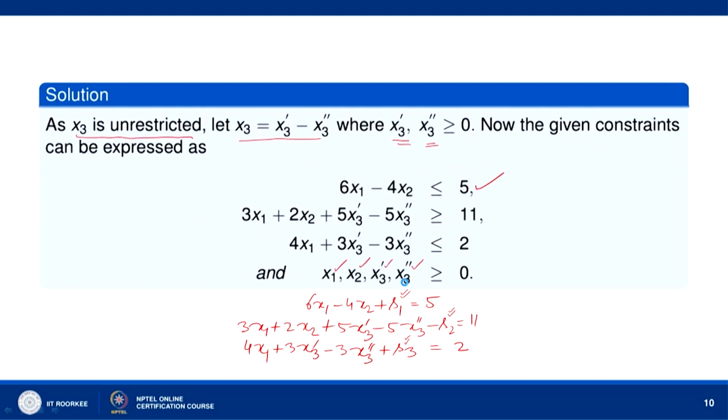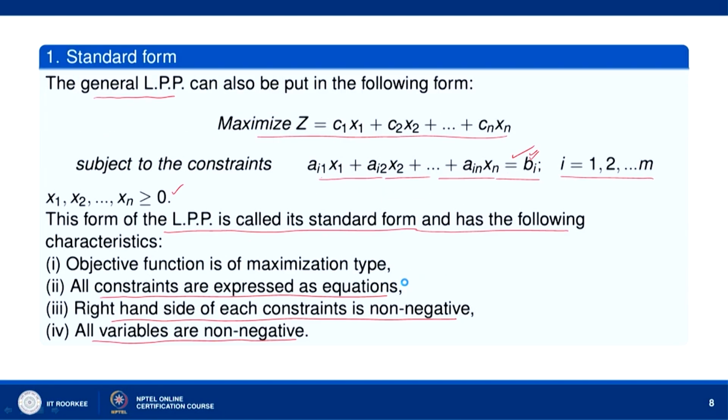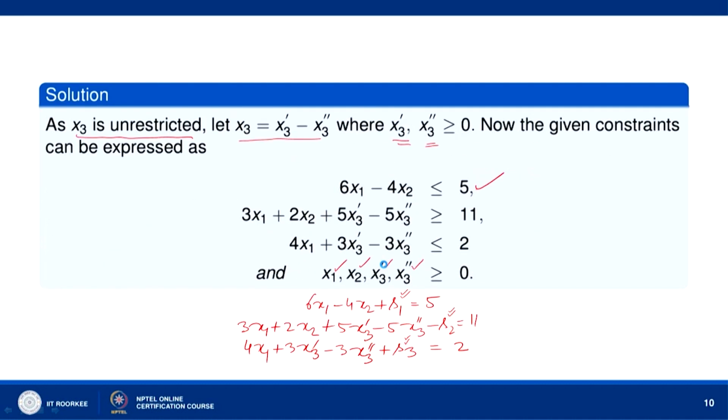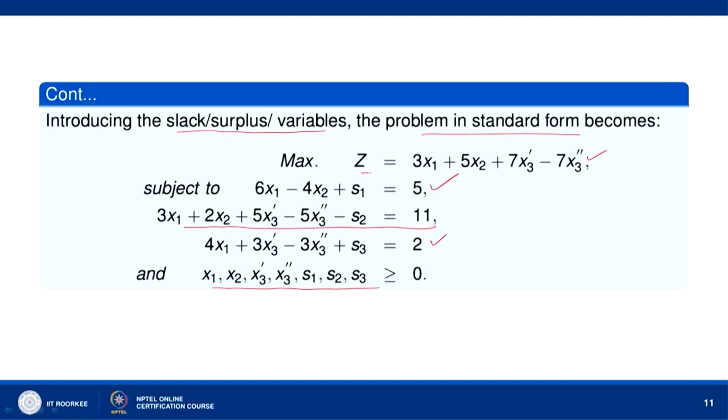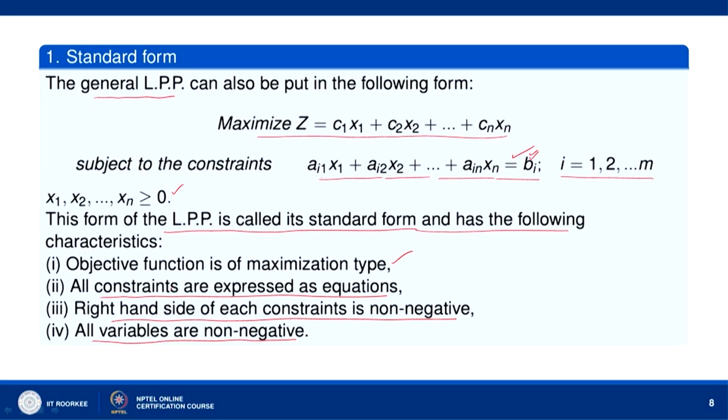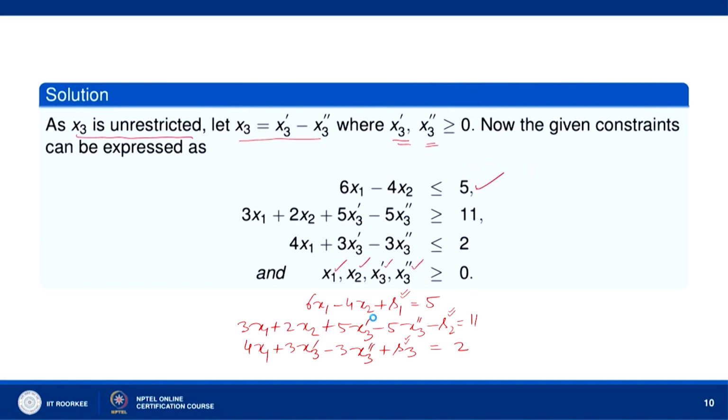So, we can see all the characteristics of the standard form of the LPP are there. The objective function is of maximization type. All constraints are expressed as equations.